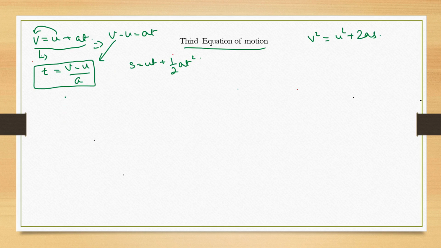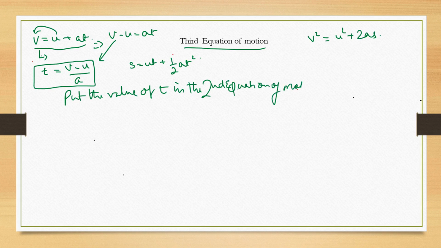Now put the value of t in the second equation of motion. जो आपके पास सेकेंड इक्वेशन ऑफ मोशन है, यानी s is equal to ut plus half at square. इसके अंदर हम t की ये वैल्यू पुट कर देंगे और रिप्लेस कर देंगे.